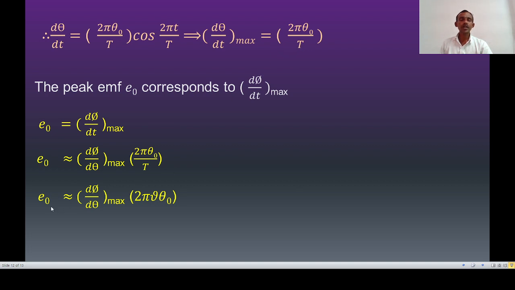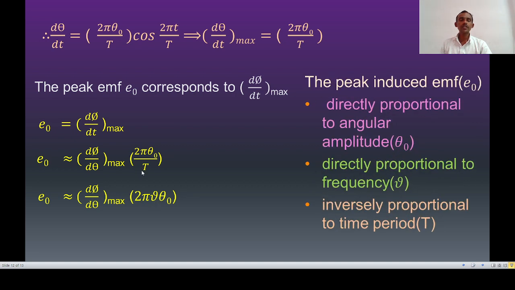Now this time period is related to the frequency. Therefore we can write E0 is approximately equal to d phi by d theta max into 2 pi nu into theta 0, where nu is the frequency, T is the time period, and theta 0 is the angular amplitude.